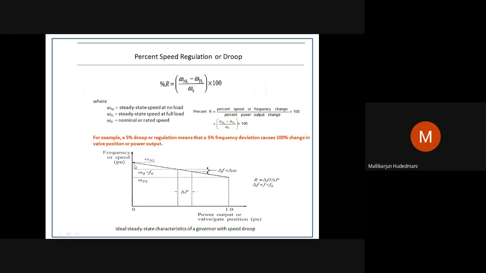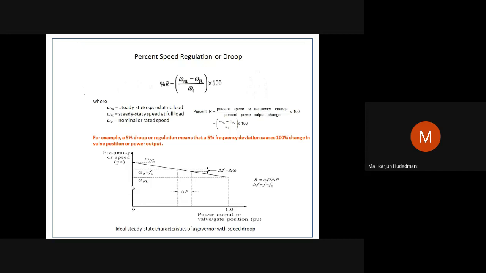What is its speed? Whenever it is fully loaded, what is its speed? Like that, if I connect them, look at the x-axis. Initially it is zero output, then the output ranges to 1 pu or 100% capacity. Then when it is no load, nothing is loaded on it, what is the frequency represented?